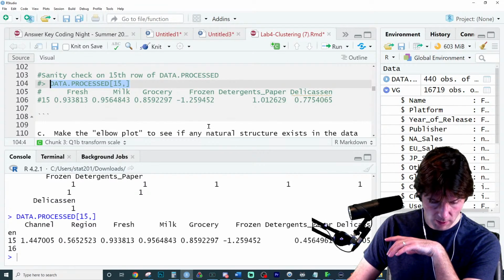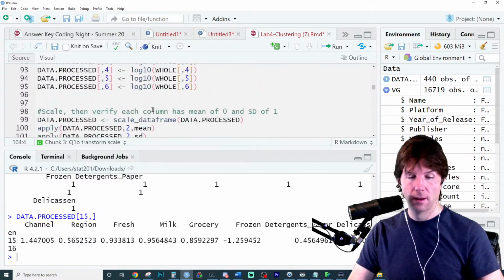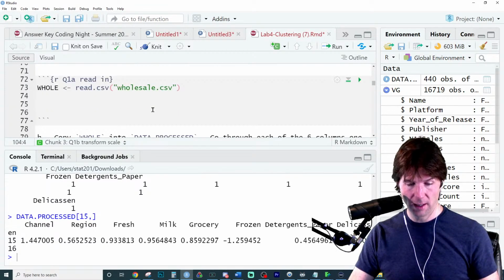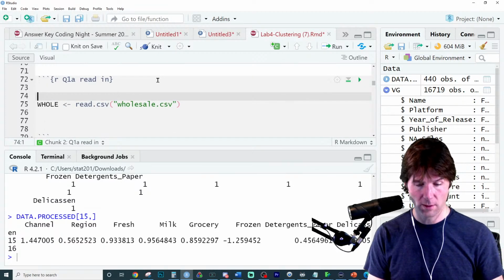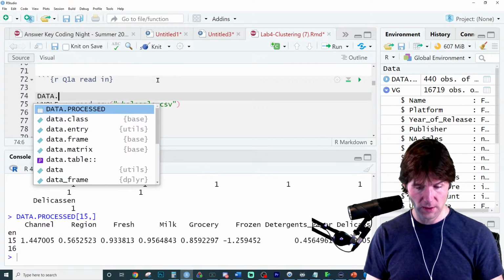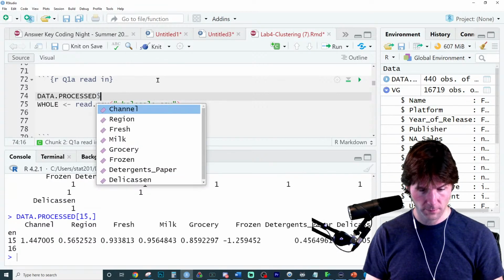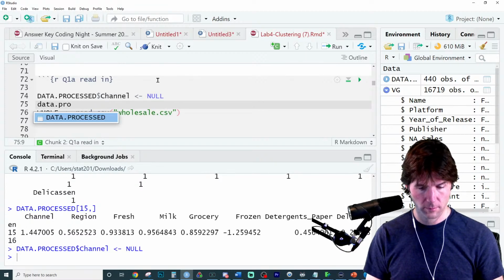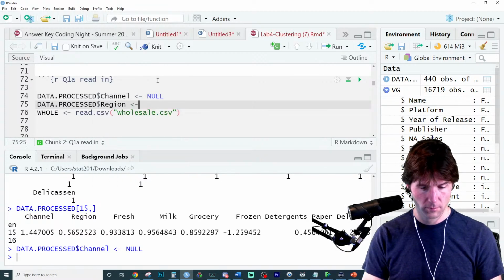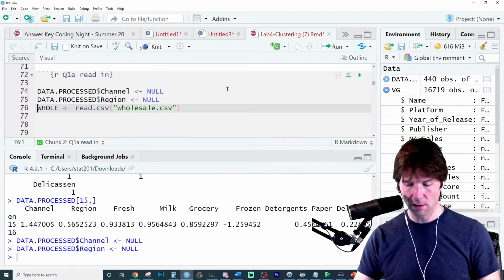Oh, we didn't remove the... Oh, we can remove that now. Let's remove those columns, region and channel. Oh, is that going to cause an issue? Probably not. Data.processed. And that deletes those.